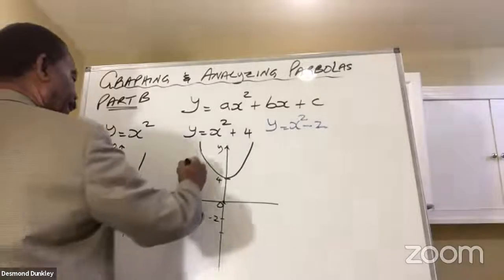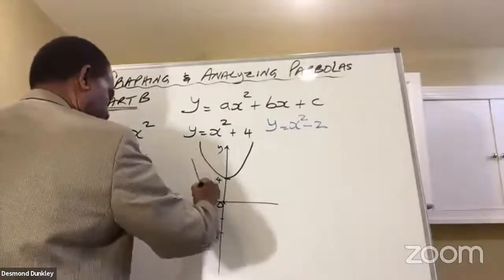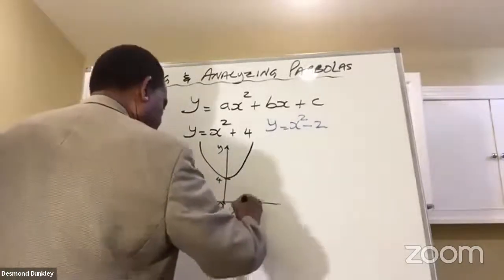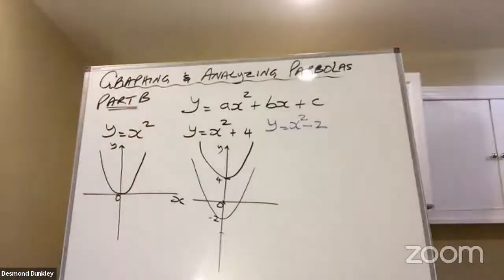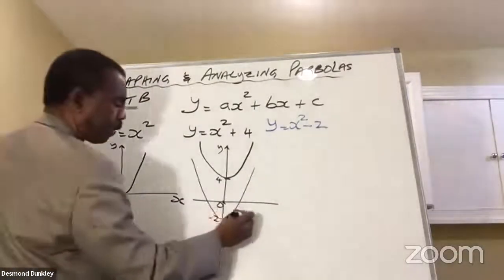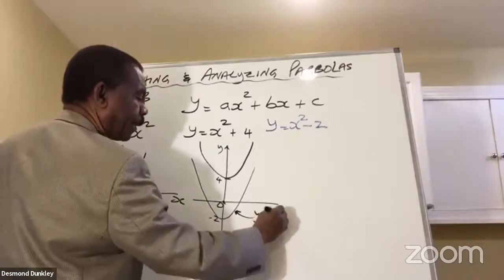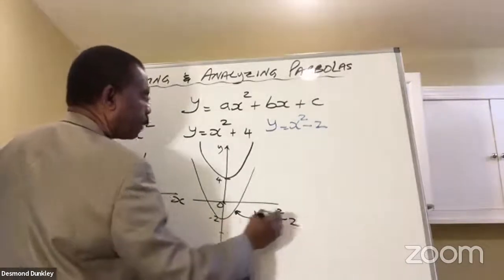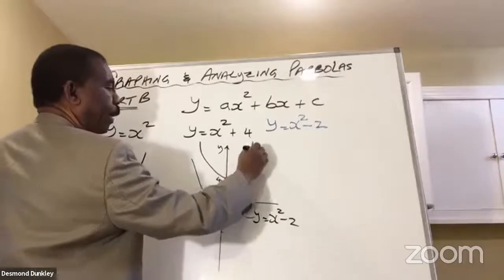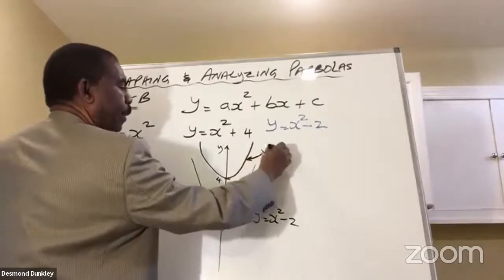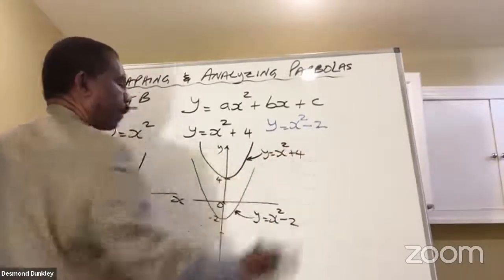And then it would open upwards. So this would be the graph of y equal to x squared minus 2. And this is the graph of y equal to x squared plus 4.